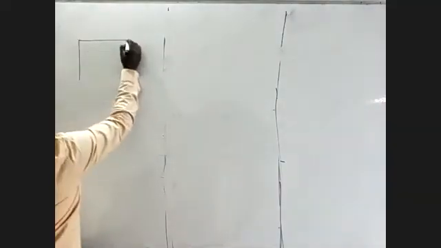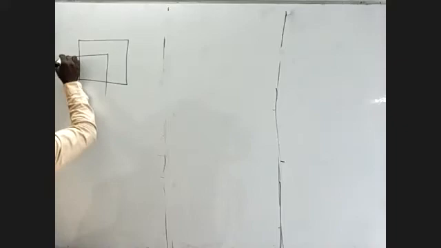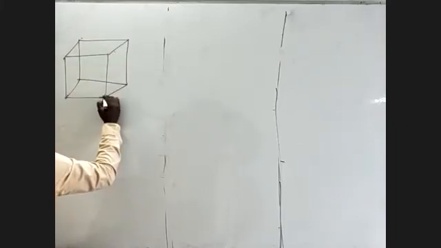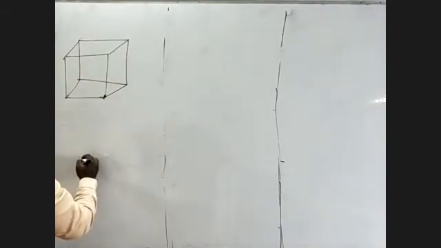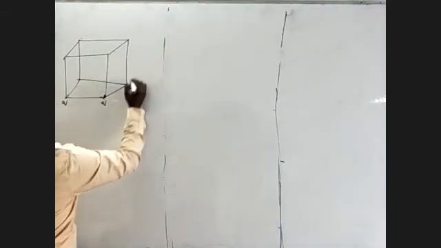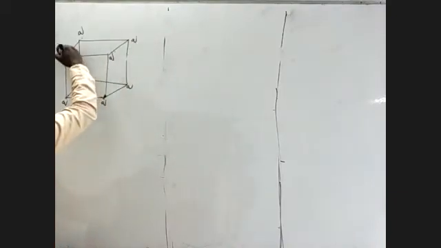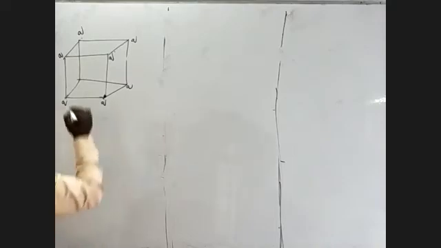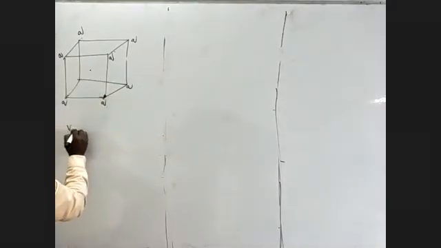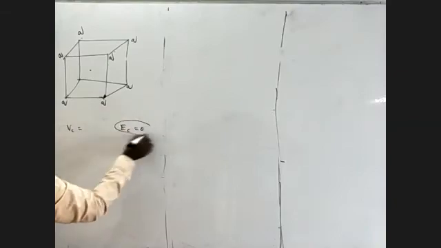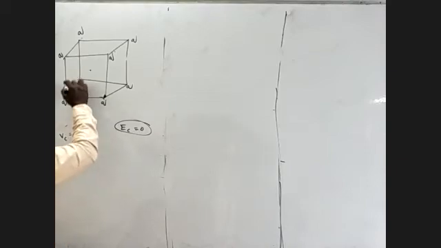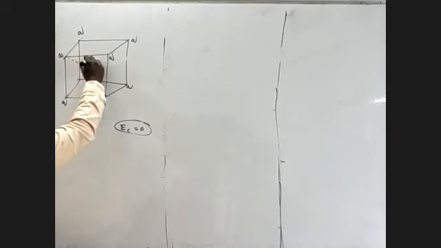Next is the cube model. This is a cube, and charges are placed at the corners of the cube, and we find the potential at the center. The distance from here to here is root 3 by 2 a.